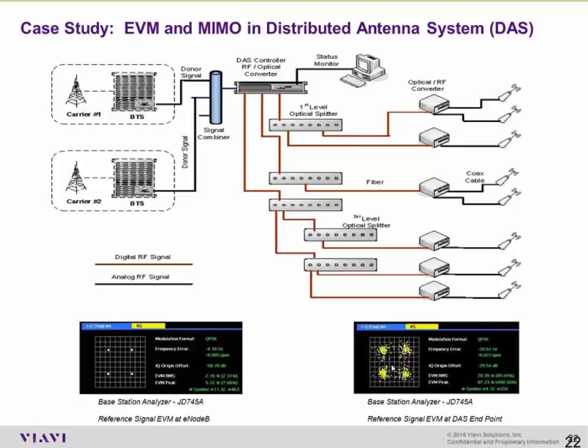A lot of this comes down to dynamic range, meaning you've left enough headroom and you're not overdriving or underdriving any one of these components. We actually have a DAS comparison test that will allow you to measure the output of the signal from the BTS and then determine how well the DAS system has maintained that signal quality out to the ends.